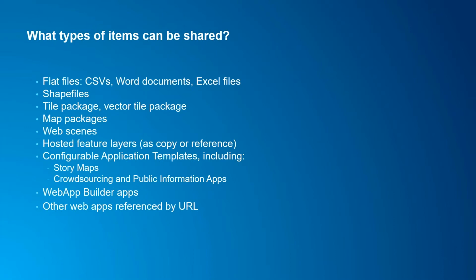And other web apps that are referenced by a URL, even if they're not copied, can still be referenced. So as you can see, there's a whole host of items that can be shared, really powering collaboration based upon workflows of different types.